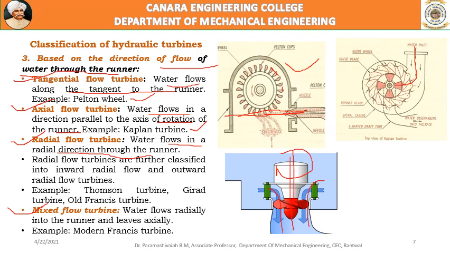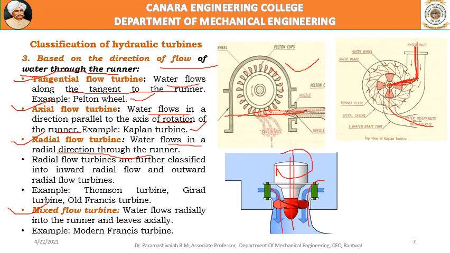The water enters from outside, here through this pipe inlet, flows along the radius of the turbine and then comes out from the center. So this type of turbine, wherein the flow of water is along the radius, is called a radial flow turbine.